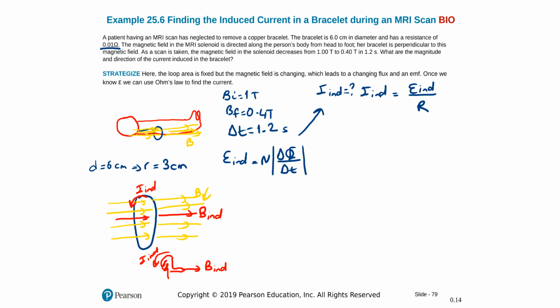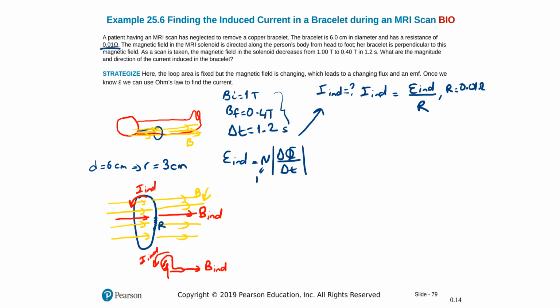So along this bracelet there's a resistance. We can assume there's a resistor here. It has an R, and that R is given to us. R is 0.01 ohms. Here N is 1, and delta phi over delta t we'll find using these.